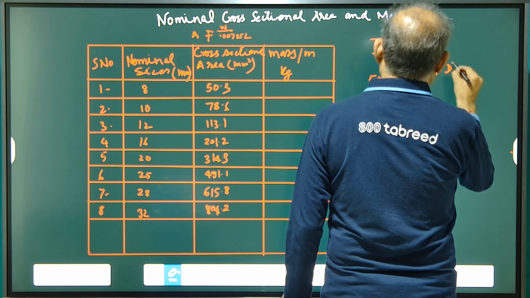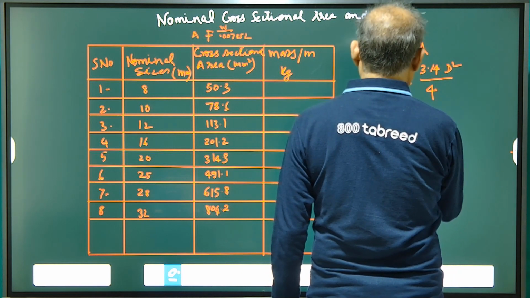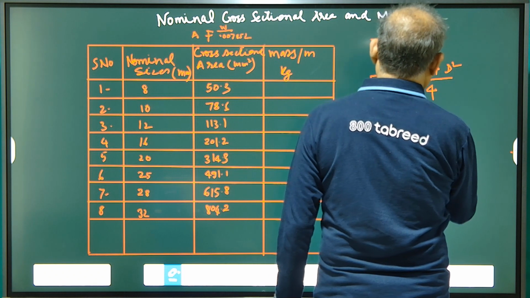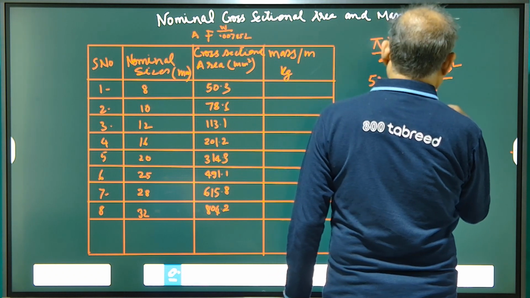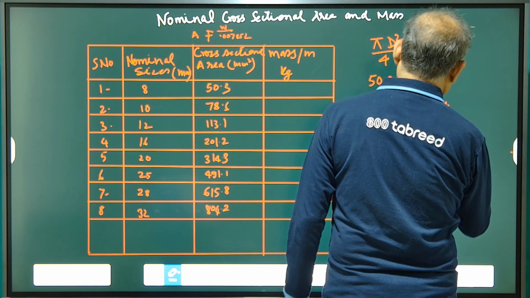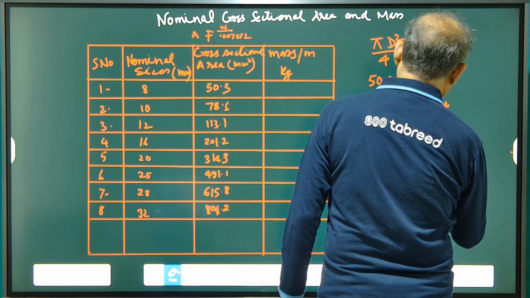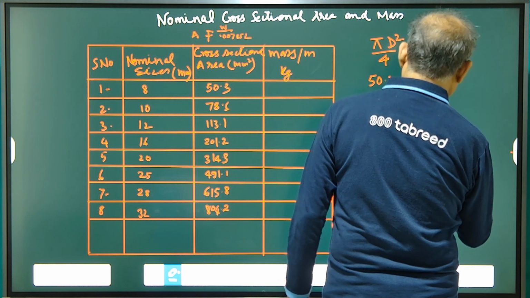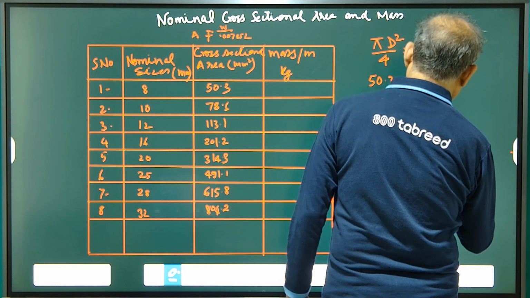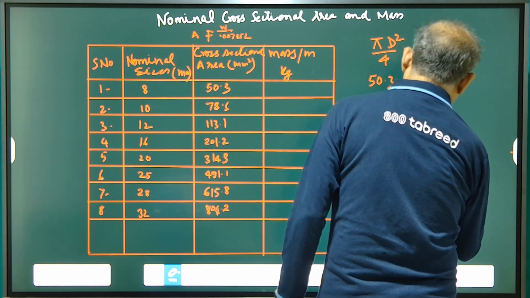D square upon 4, so d square will be 50.3 into 4 upon 3.14, and d will be root of 50.3 into 4 upon 3.14, which you will find is 8 mm.